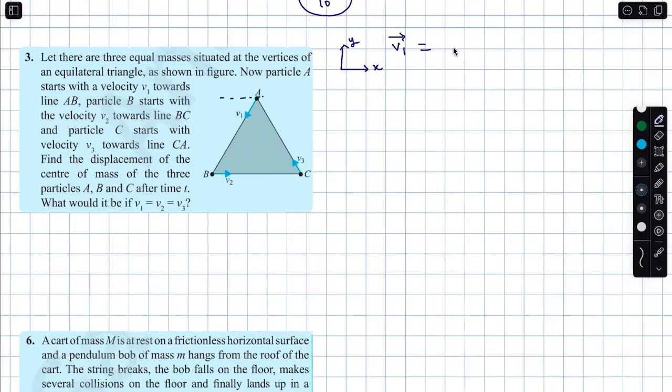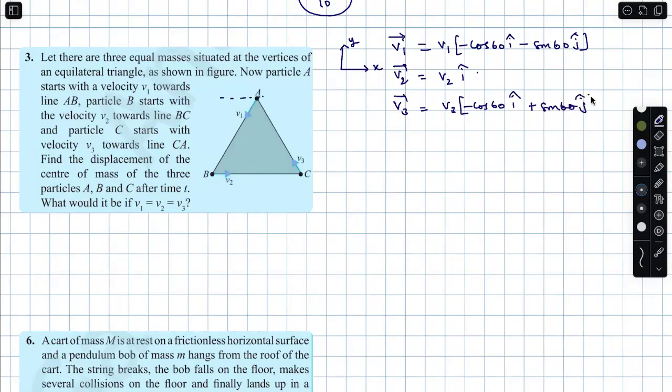You know this. V1 bar is V1 times minus cos 60 I cap minus sin 60 J cap. Similarly, V2 bar is simply V2 I cap. At this point, V3 bar is simply V3 times minus cos 60 I cap plus sin 60 J cap.